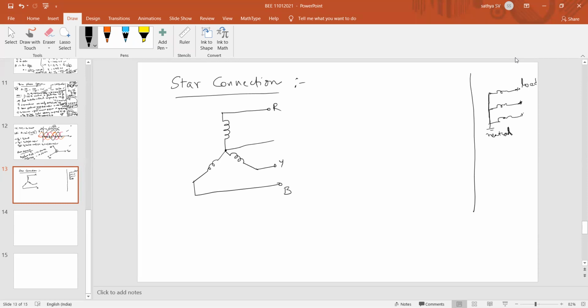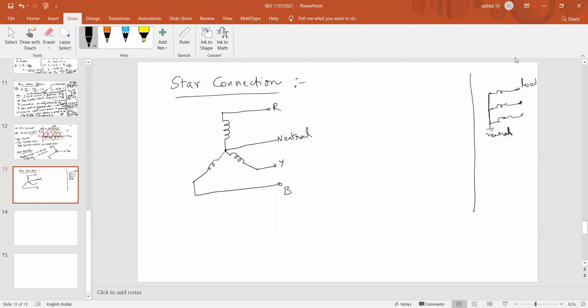This point is called the neutral point. So how can we define the star connection? It is the connection obtained by joining the initial ends or terminal ends of all three windings together at a common point. That point is called the neutral point, and the remaining ends are connected to the corresponding load. That is your star connection.